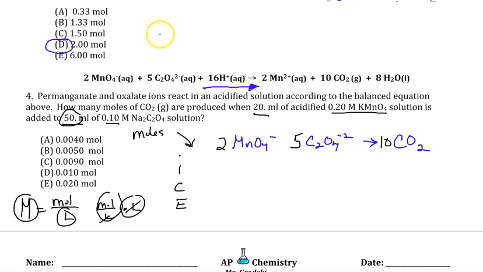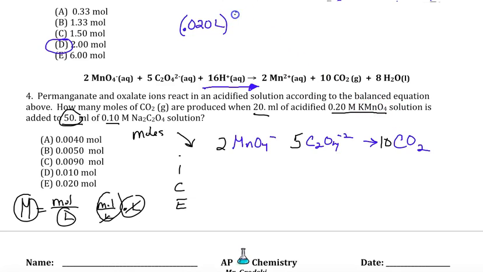Very simple. Again, all we're going to do is multiply liter times molarity to get moles, because we're going to cancel the liters. So if I look at my first value for the permanganate ion, I have 20 milliliters. That's the same thing as 0.020 liters. And I'm going to times that by the molarity, which is the concentration. Now notice the K in front. That just means the K comes off and gives you the permanganate ion.